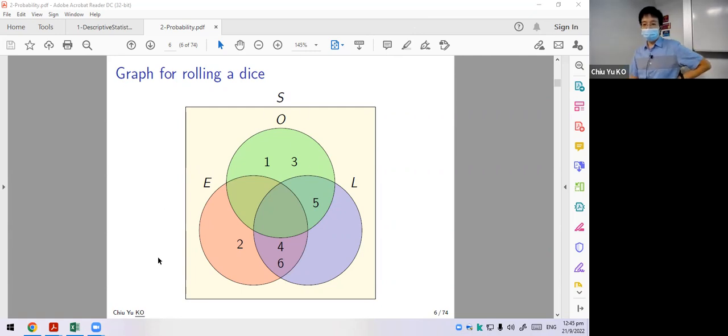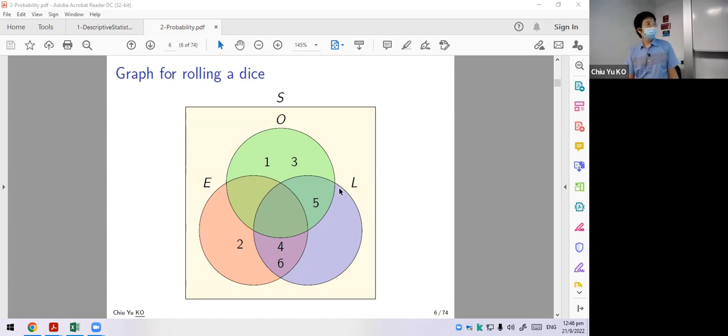Here is the sample space, and we have all the outcomes 1, 2, 3, 4, 5, 6 in this region, because we know everything is here. Anything that is not 1, 2, 3, 4, 5, 6 is not in the sample space, right? And we can group things. When I have event E, it is a collection of outcomes that are even numbers, which are 2, 4, and 6, right? And there's the odd numbers 1, 3, 5, and the large numbers 4, 5, 6.